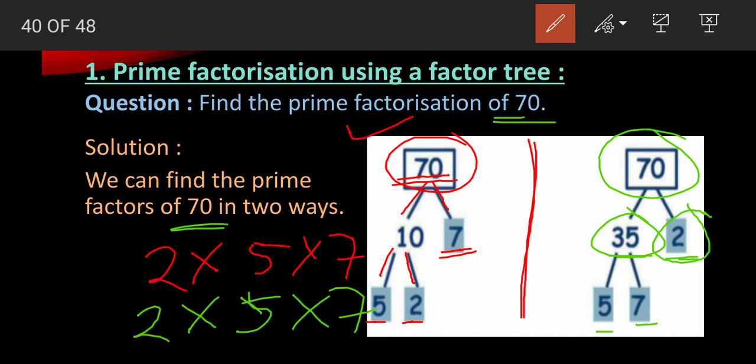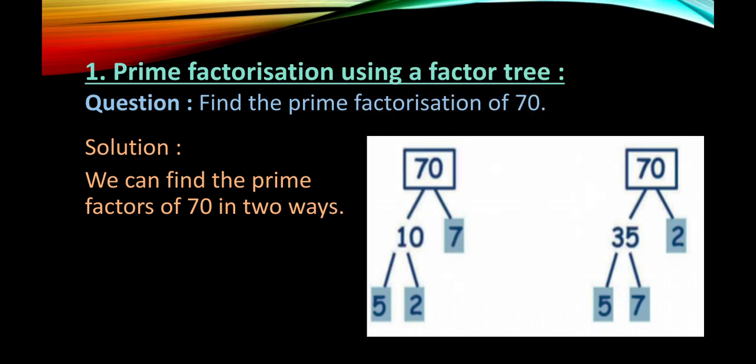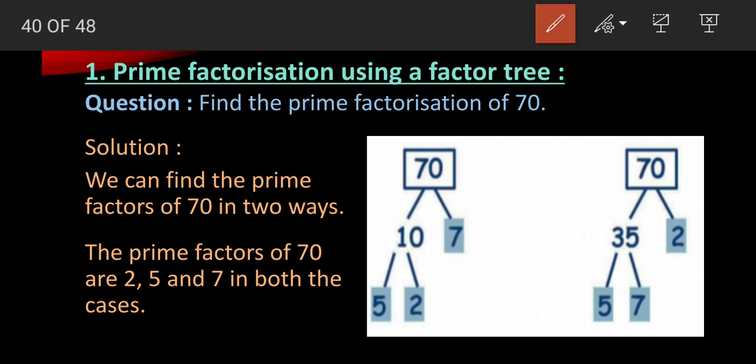The prime factorization is the same whichever way you break the number. The prime factors of 70 are 2, 5 and 7 in both cases. In prime factorization you have to convert a number into the multiplication of prime numbers.